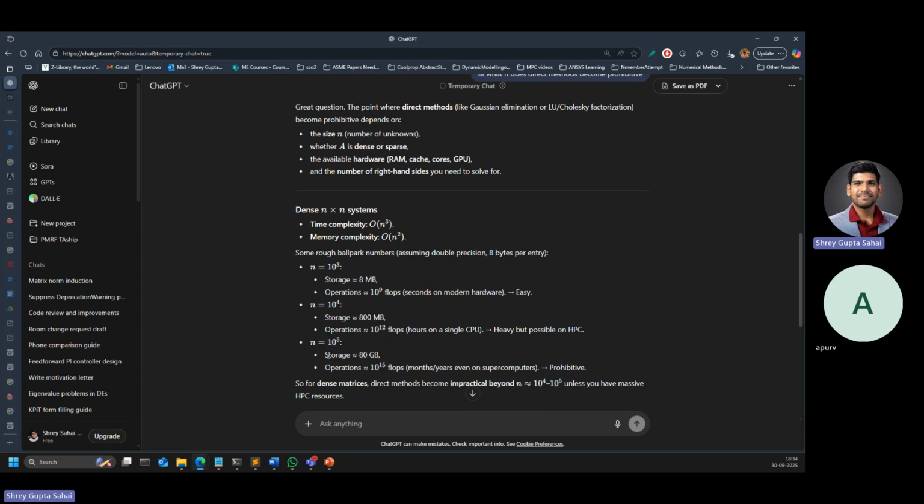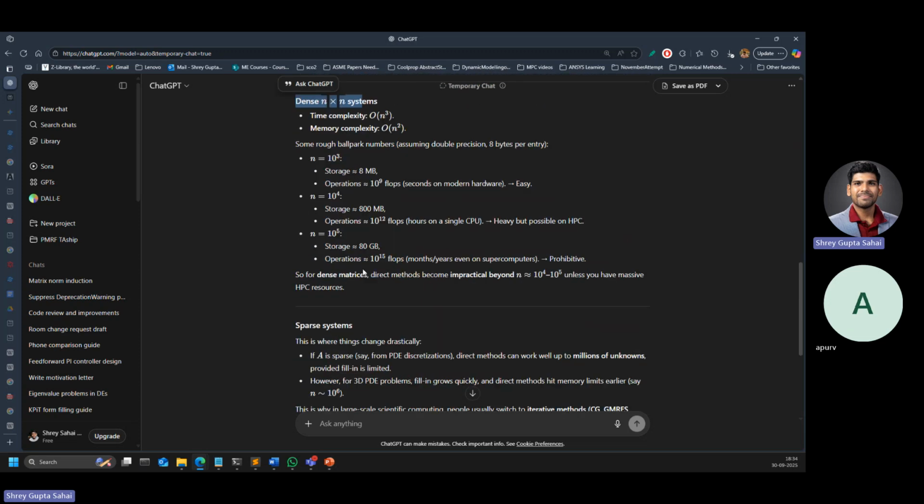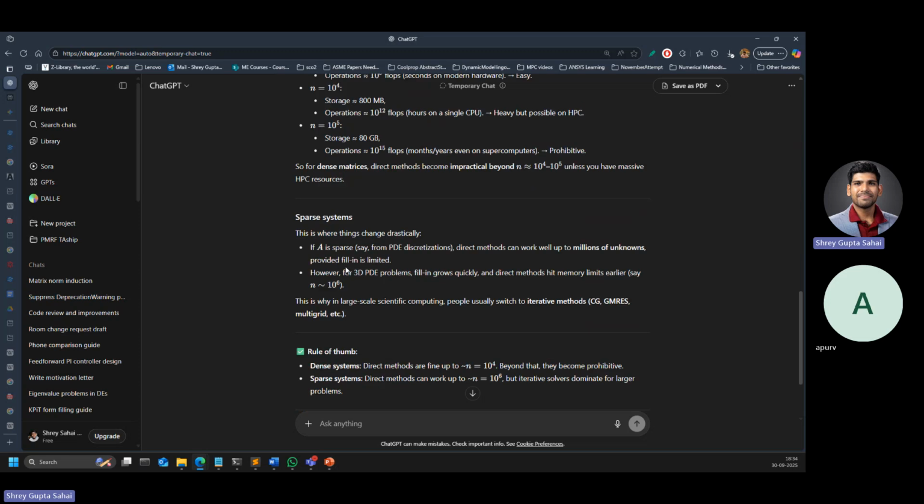You see how fast it is scaling up, and the amount of time it will take is 10 to the power 15 flops. Months or years on a supercomputer. That's very expensive, right? You can't solve AX equals B by LU decomposition when the size of A increases.